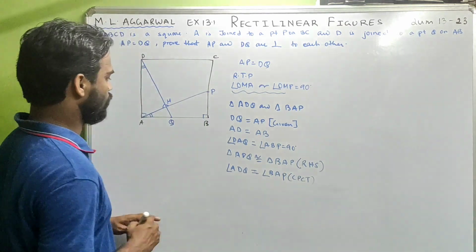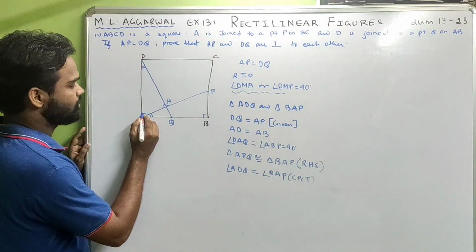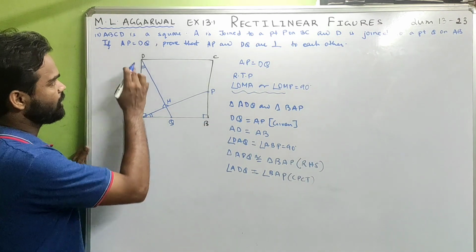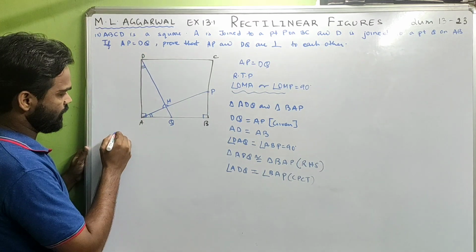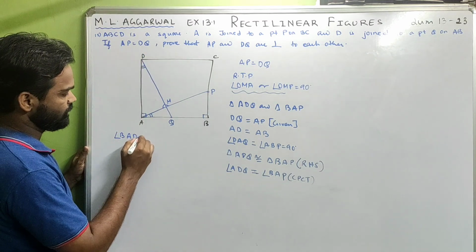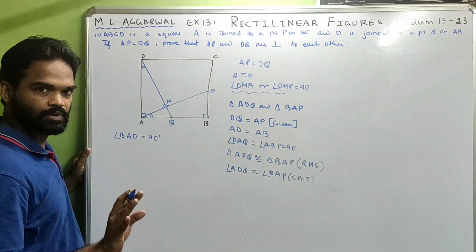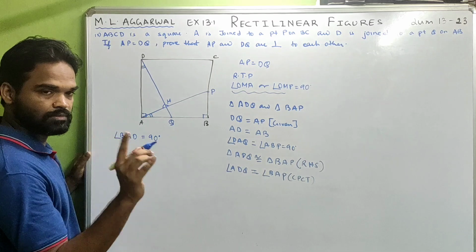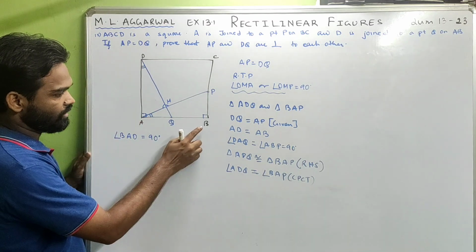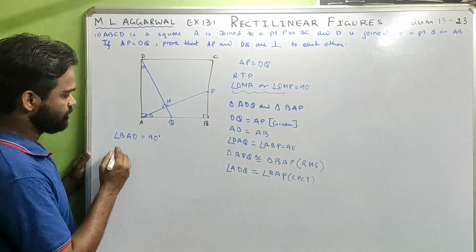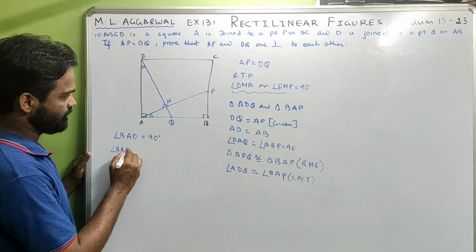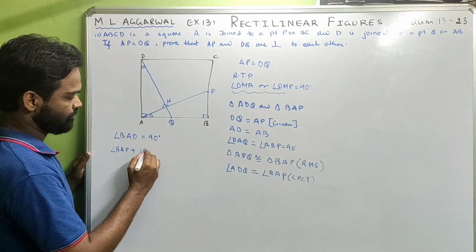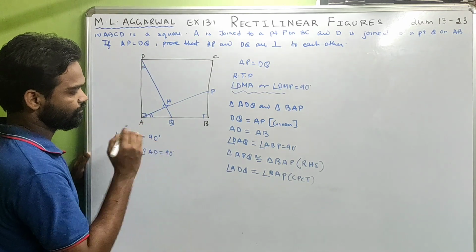Now once they are proved congruent, just look over here, this entire angle is 90. Angle BAD is 90, isn't it? Now look, this entire angle can be split into two parts, angle BAP plus PAD is equal to 90.